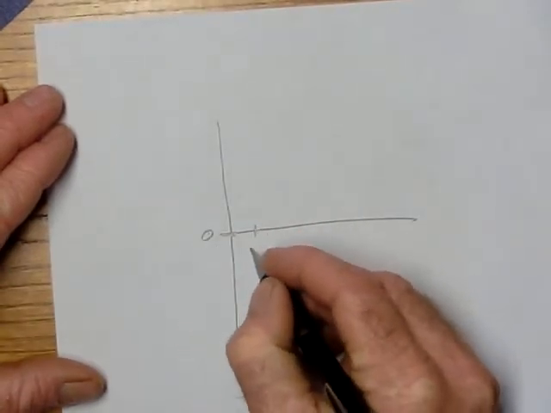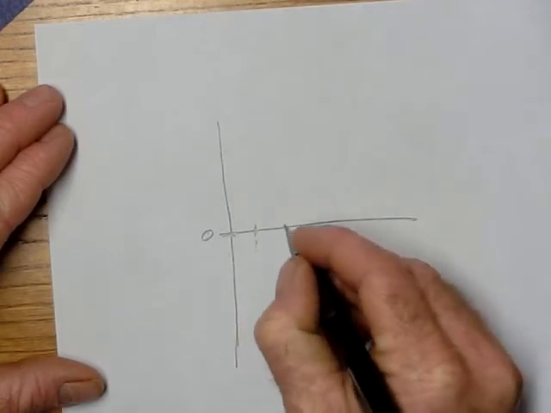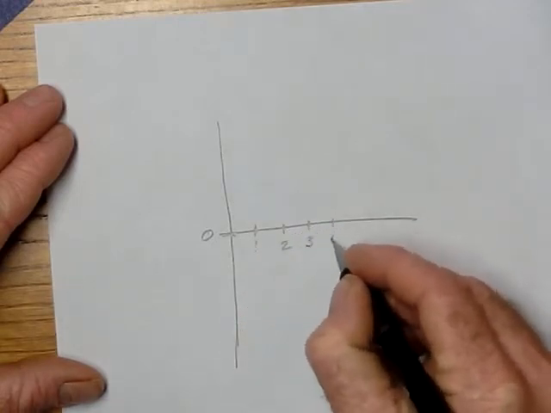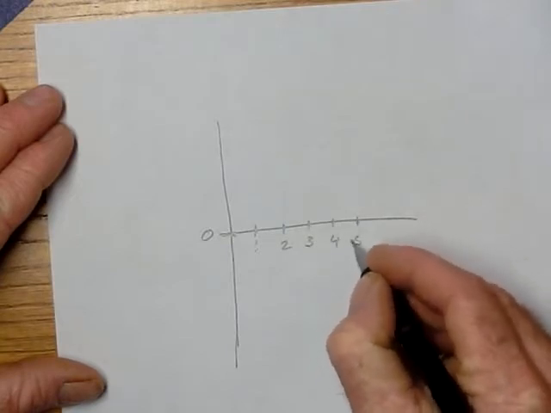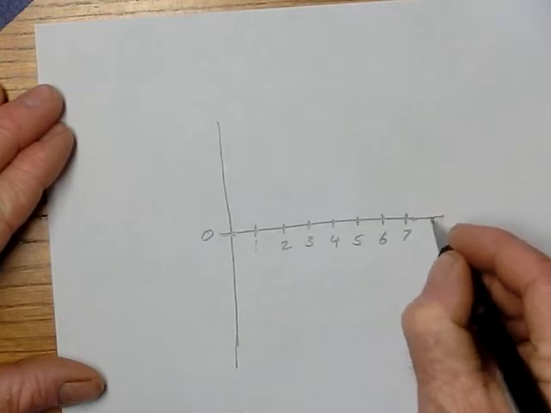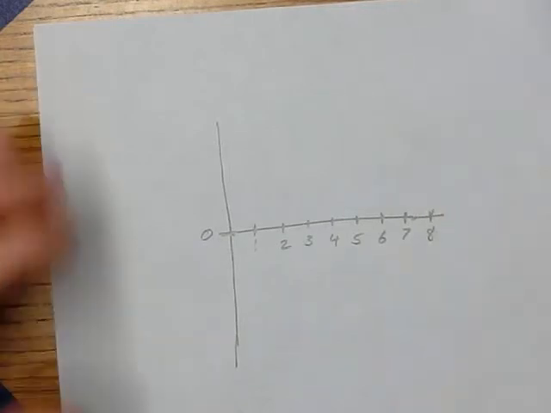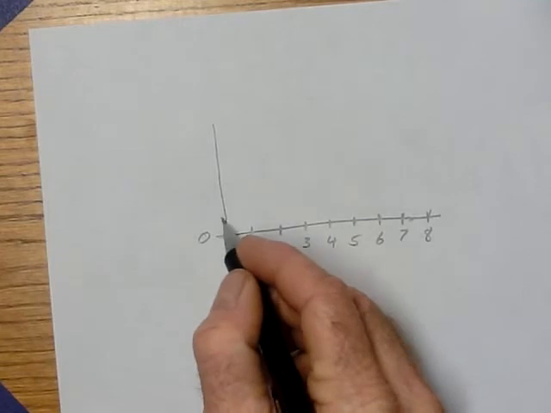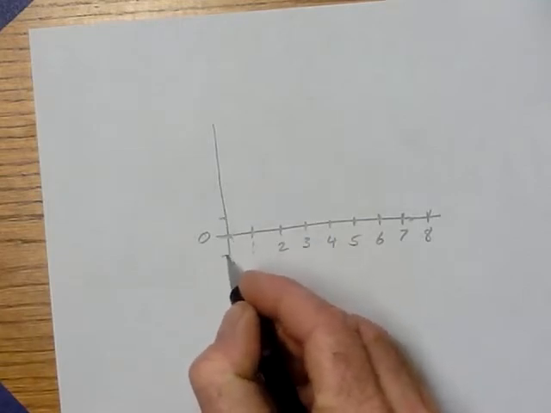Here's time, 1 second, 2 seconds, 3 seconds, 4, 5, 6, 7, 8. It's kind of premature, I guess. Maybe I should come back to this. Let me set up my graph and then I'll come back to it.